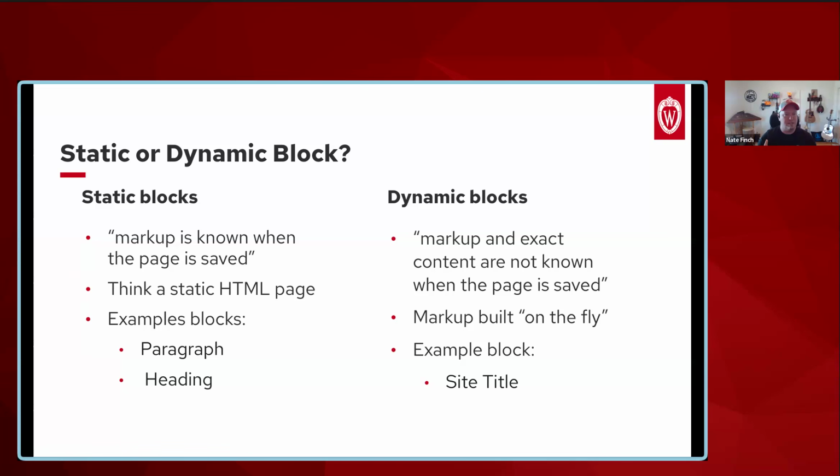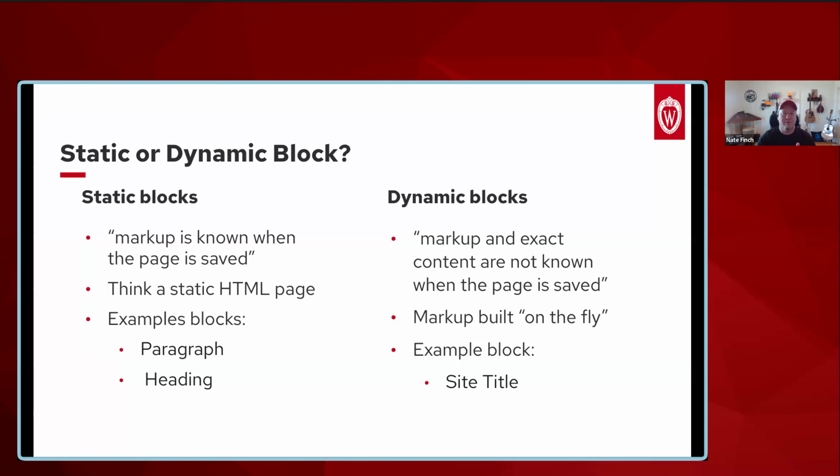And so if you change something, you type it out, as in the paragraph block or the heading block, then that HTML is already known and it can be saved as such, right? So when the page loads on the front end, you don't actually need to check and see, well, what does the paragraph or what does the heading block say, right? You already know, so those can be saved to the database as pre-rendered HTML.